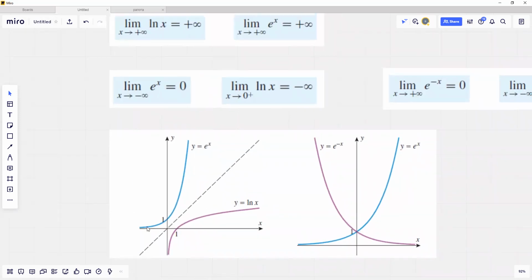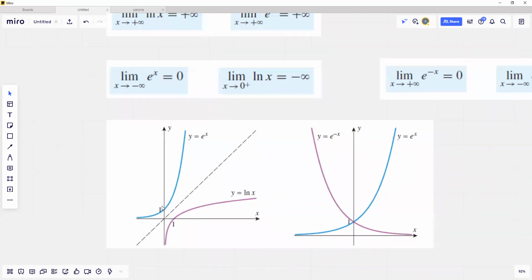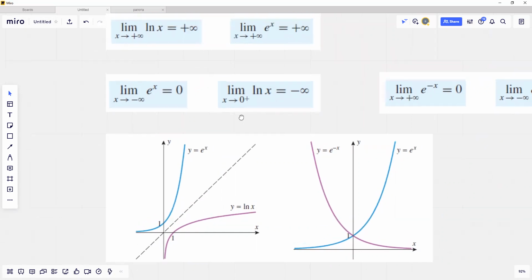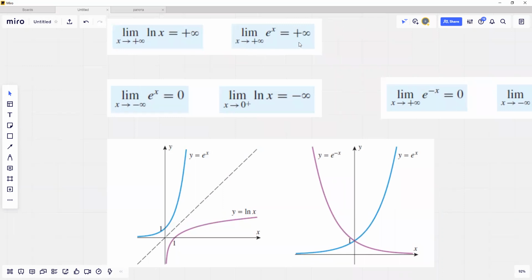So as x decreases without bound, e to the power of x, here we can see, is approaching 0. We have a horizontal asymptote at 0, so that limit here is equal to 0. As x is increasing without bound, we can see the values of e to the power of x also increase without bound. So this limit here is equal to plus infinity.